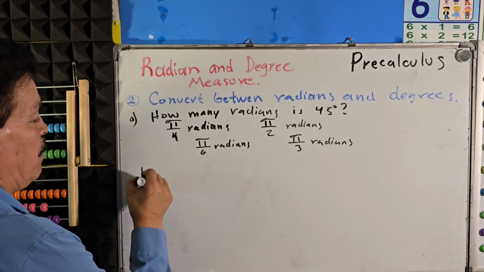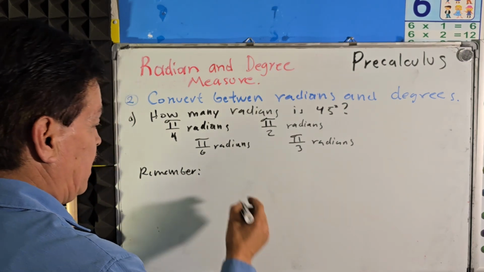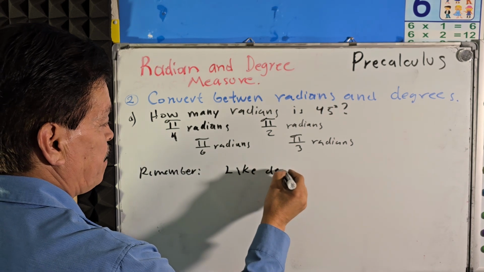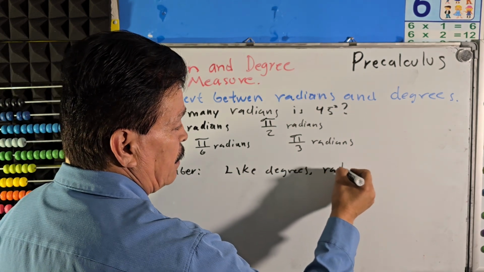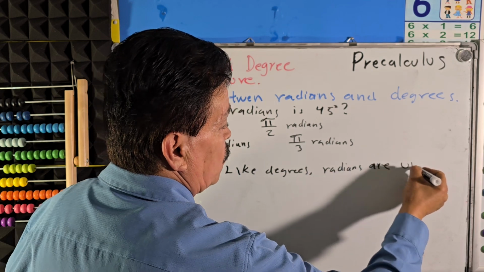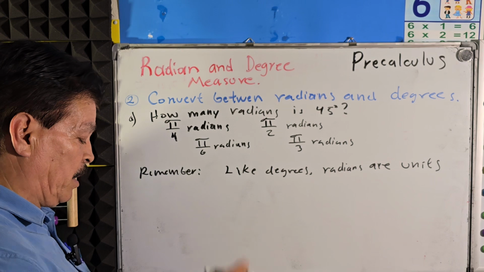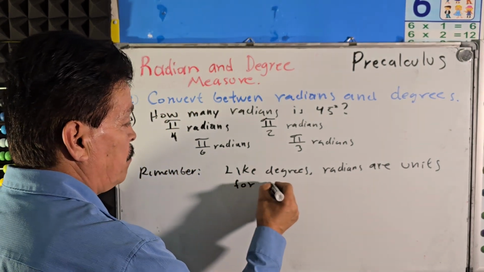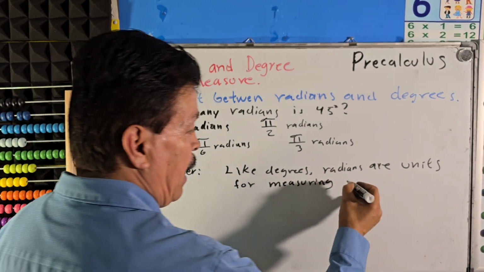So here, let's remember this: degrees and radians are units, for measuring angles.